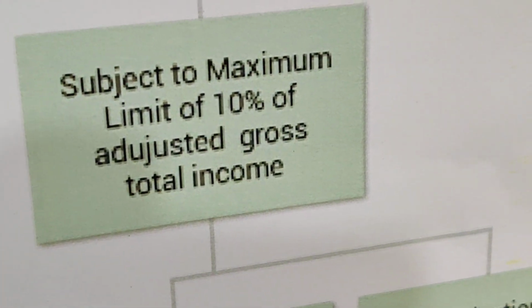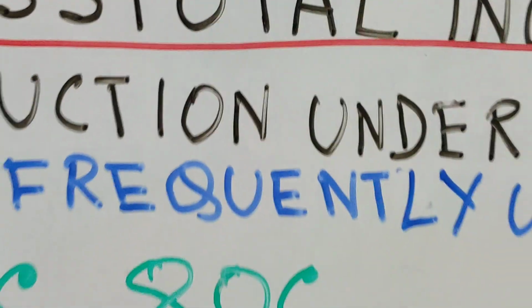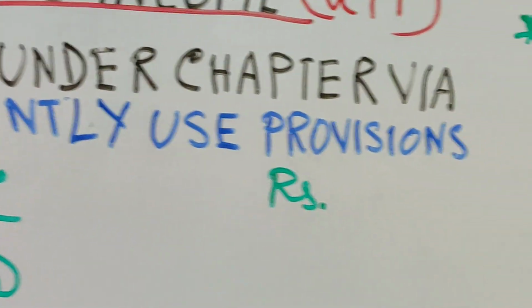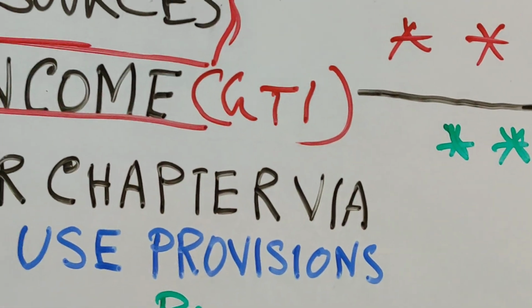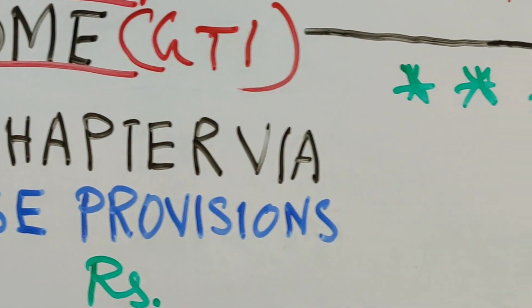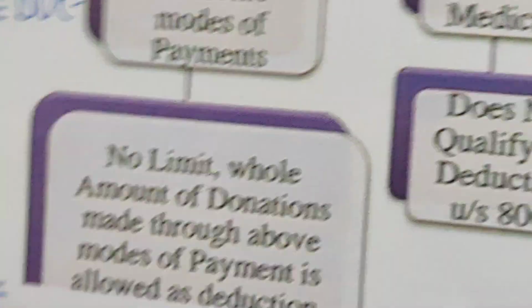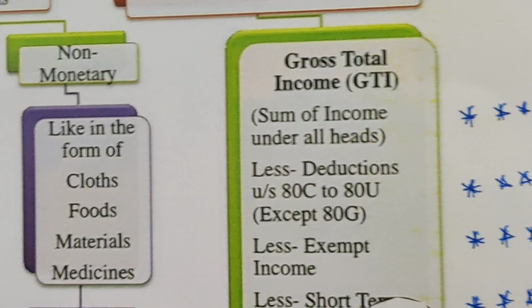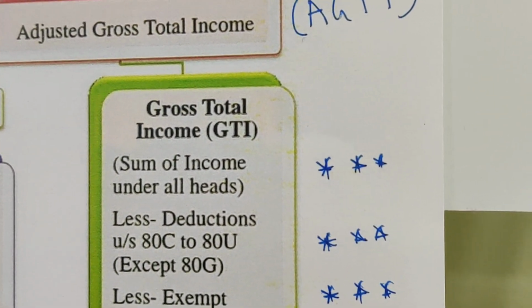Now we need to know the meaning of adjusted gross total income. We know the gross total income that we have seen. Now what is the adjusted gross total income, the AGTI? We have to start with the gross total income, which we have already arrived at.